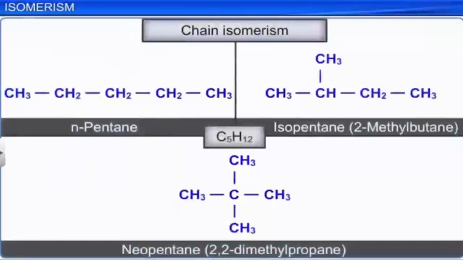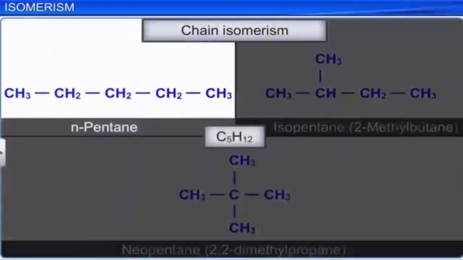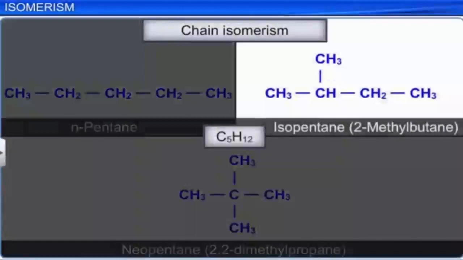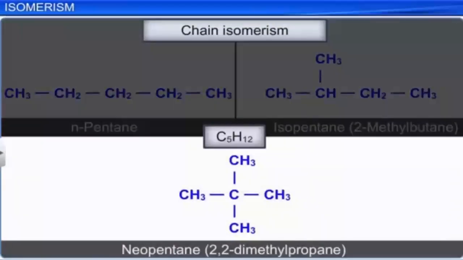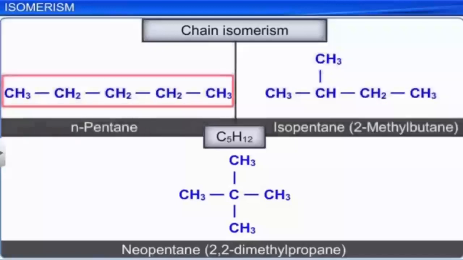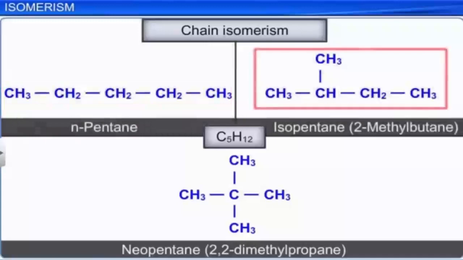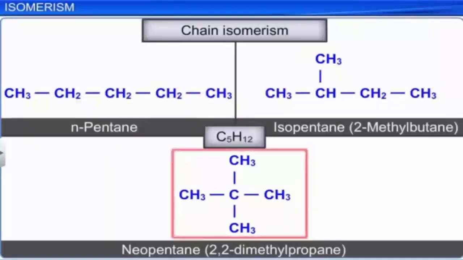They are n-pentane, isopentane or 2-methylbutane, and neopentane or 2,2-dimethylpropane. Here the carbon skeleton is different in each compound, but the molecular formula is the same.